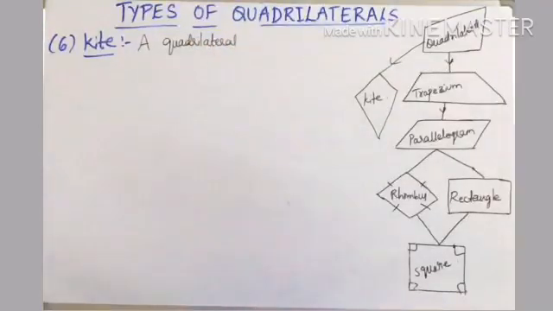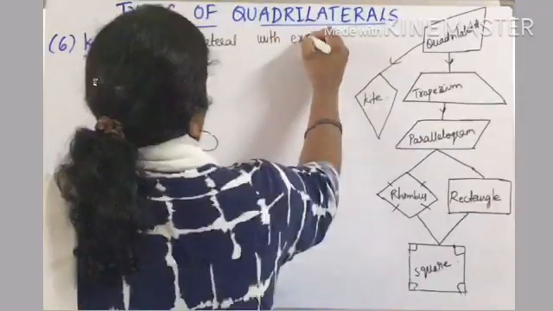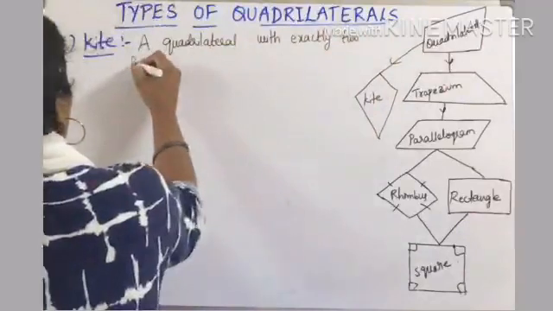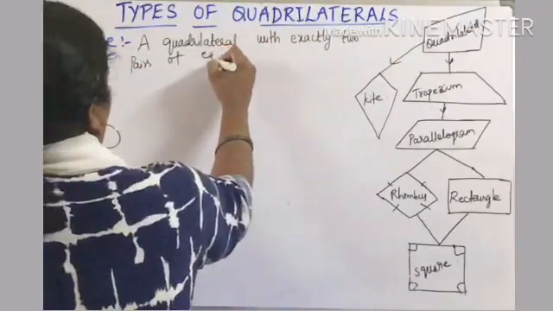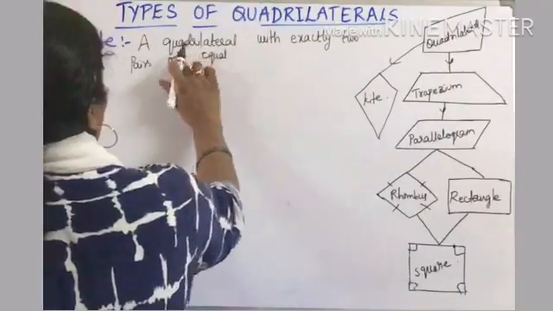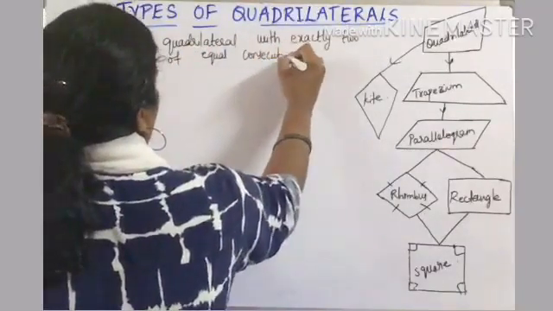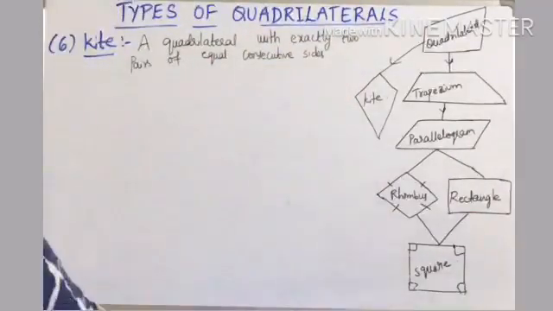A quadrilateral with exactly two pairs of equal consecutive sides.